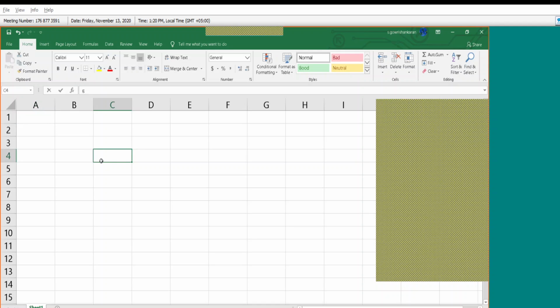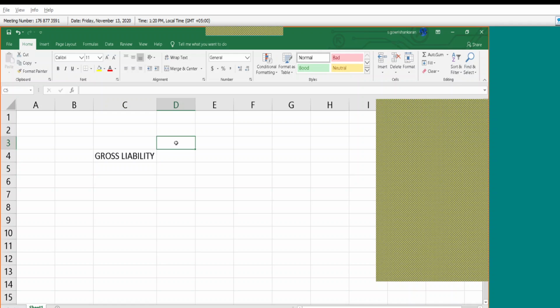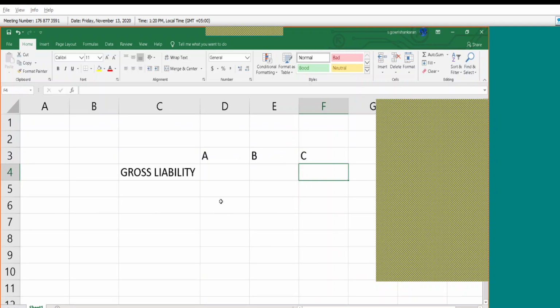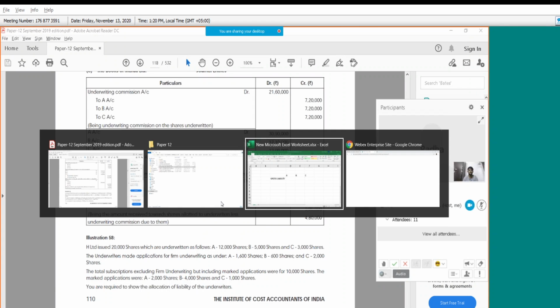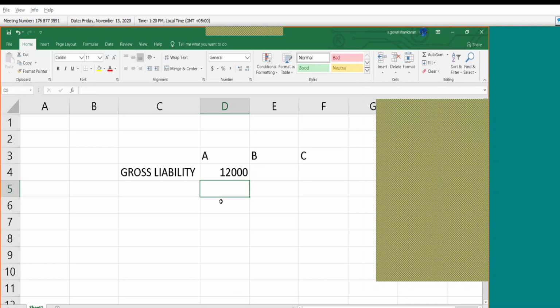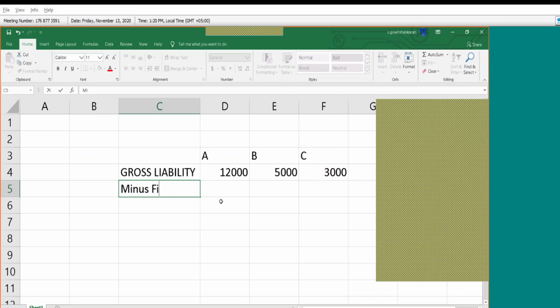So what is the format? Gross liability, then underwriters A, B, C. What is the gross liability as per the question? 12,000, 5,000, 3,000.